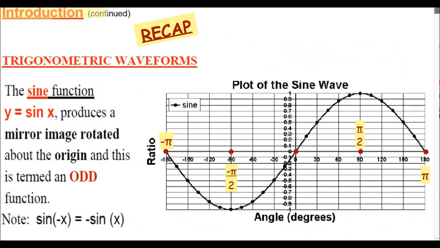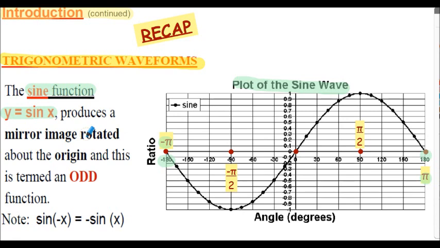Introduction continued. Here's a brief recap of trigonometric waveforms. Commence initially with the sine function, y is equal to sine x, plotted here on our diagram between the range of 180 degrees, or pi radians, and negative 180 degrees, negative pi radians.